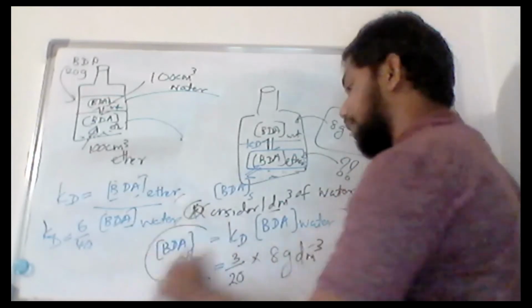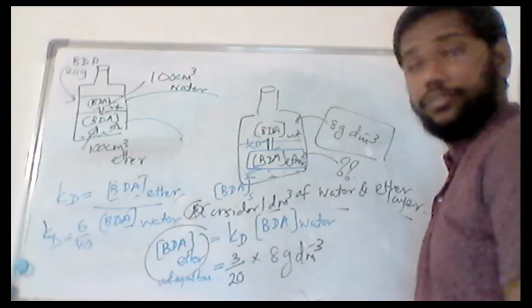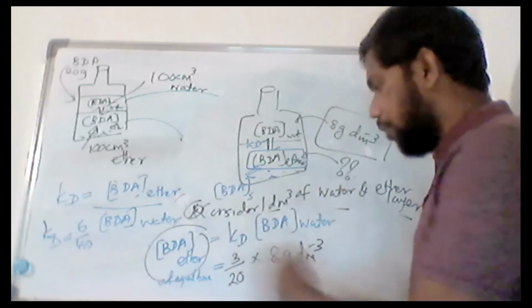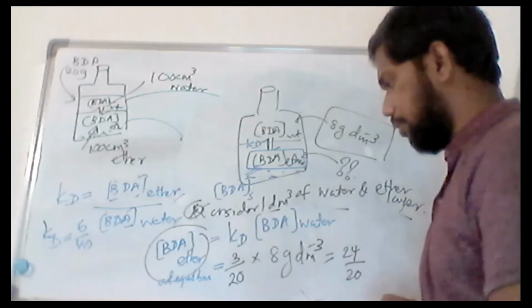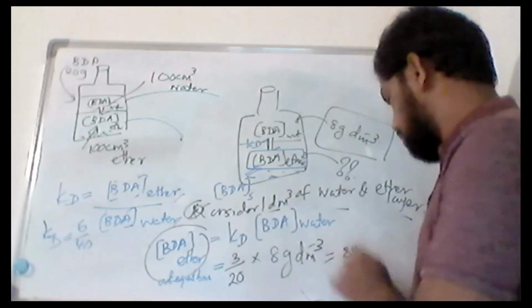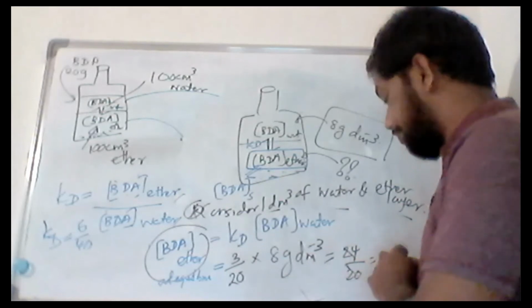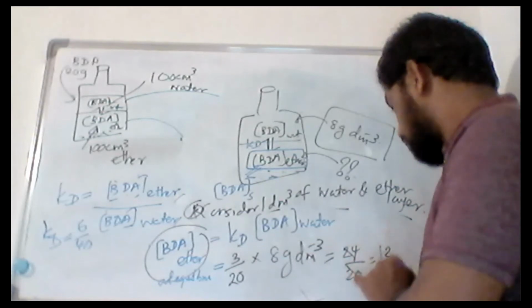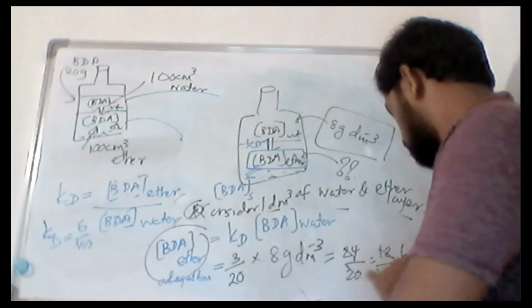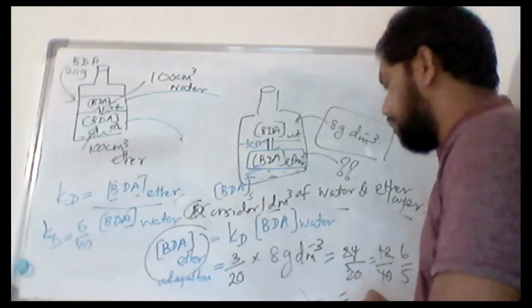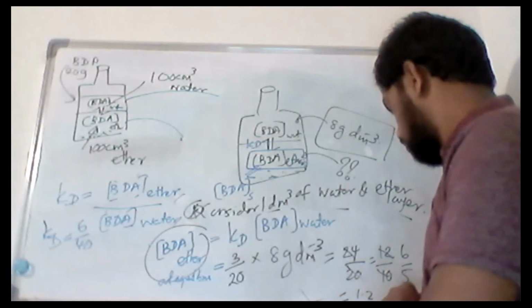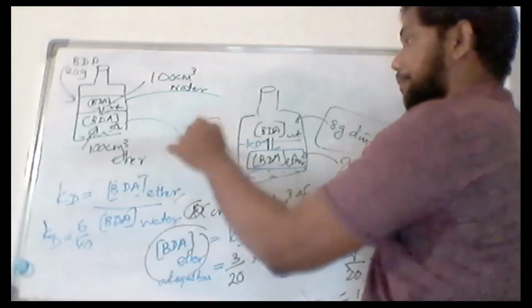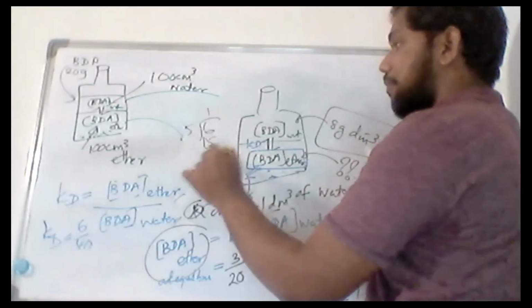So your solubility of BDA in ether is going to be this one, 24/20, which is going to be 12/10 and 6/5. 6/5 means, I think, 1.2. What is 6/5? 1.5, yeah, 1.2.